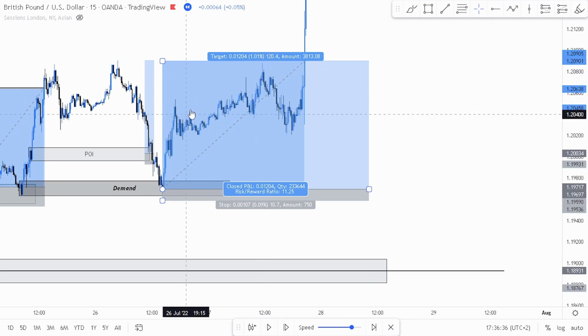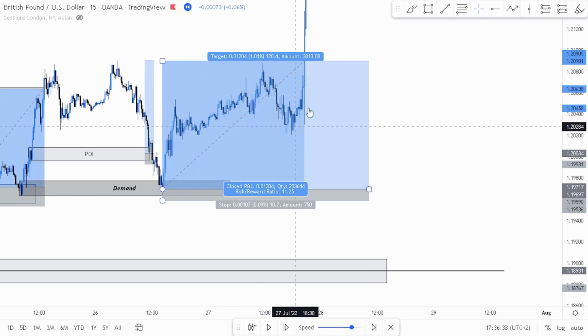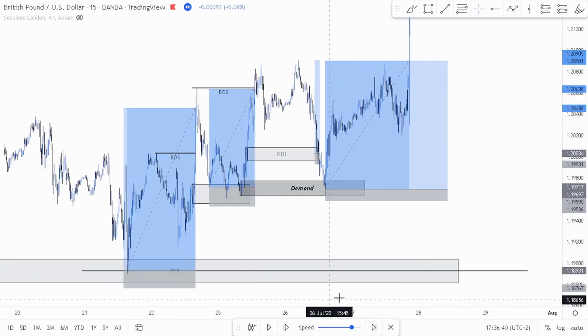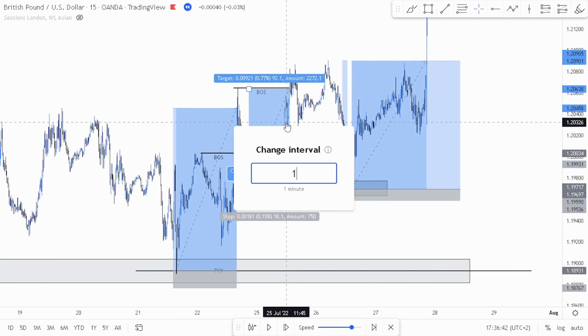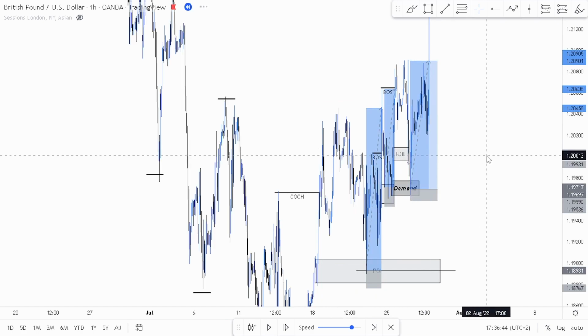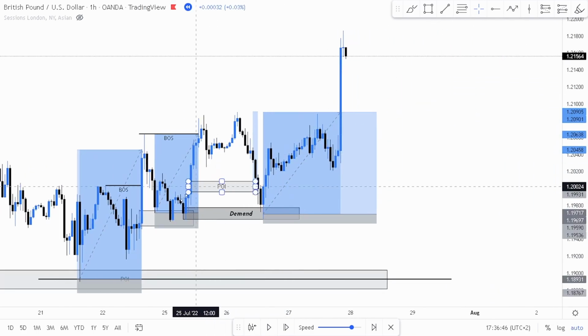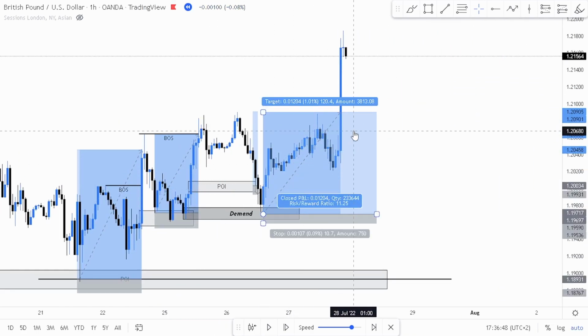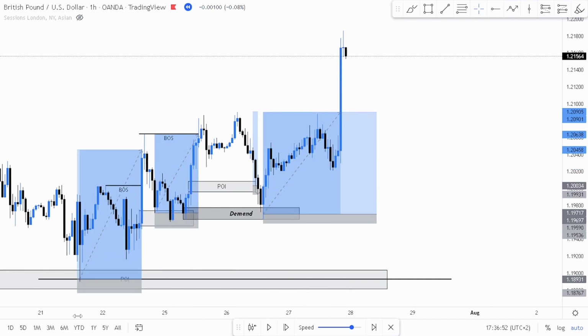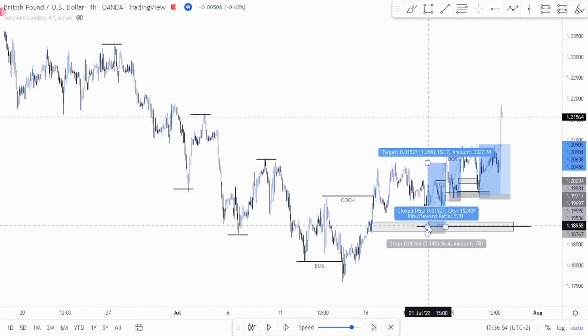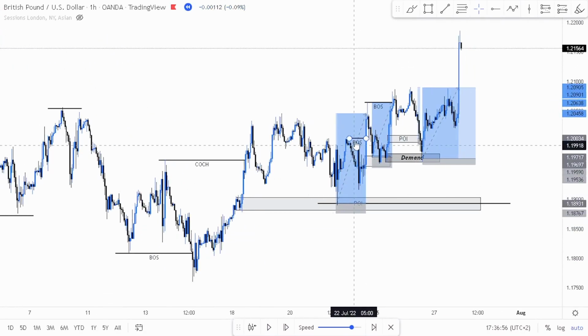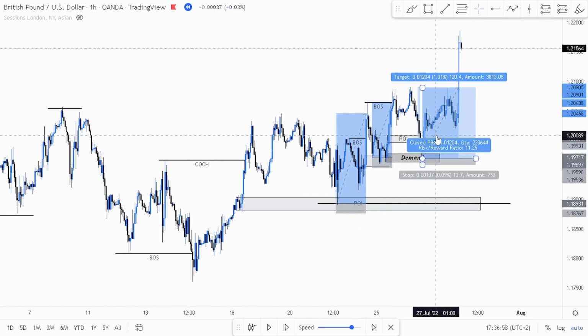But price again does come back and then just shoots up towards our take profit. So let's just go to the 1 hour chart. And yeah, guys, you had a 120 pip take profit and it was smashed. Now you are involved in all these trades to the upside.